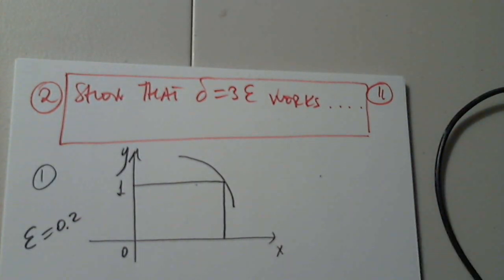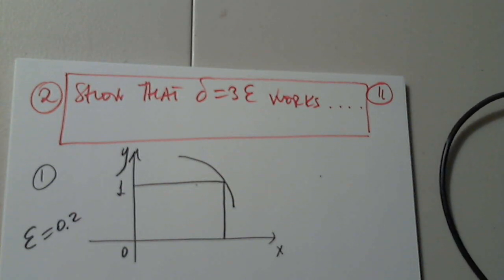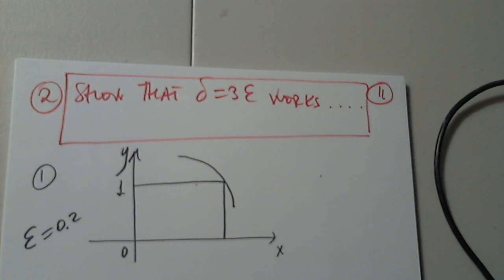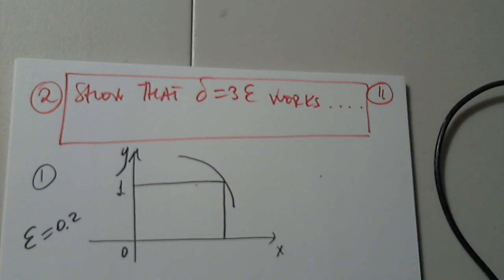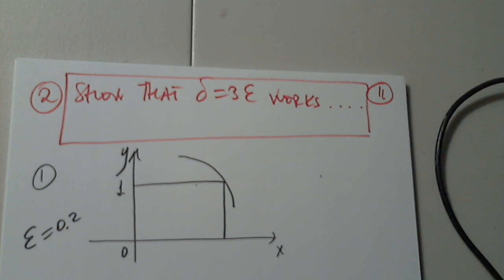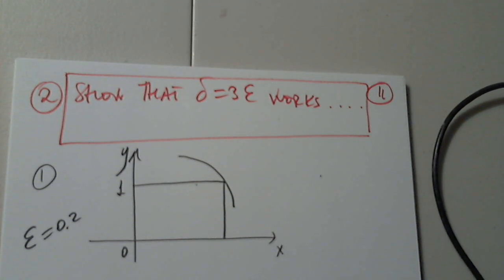Now look at what's happening around 1. I know the limit must be 1, and this is f of x. So it's very clear that epsilon is 0.2. F of x minus the limit in absolute value, the distance, is 0.2, which we already knew from the graph.